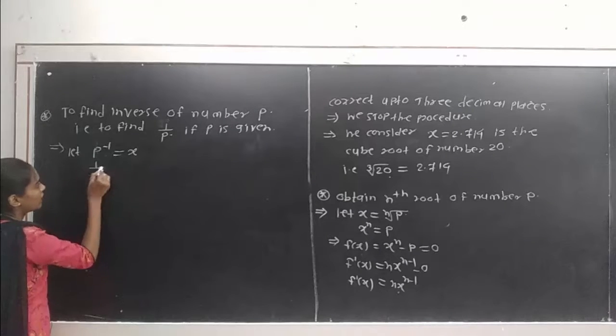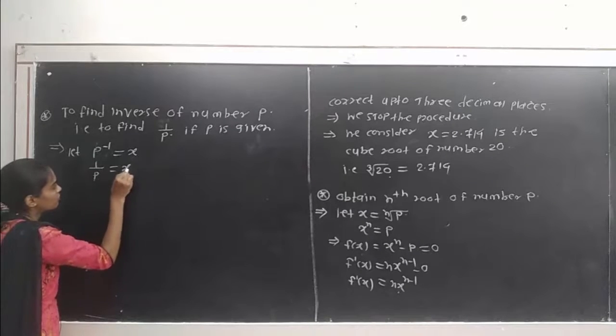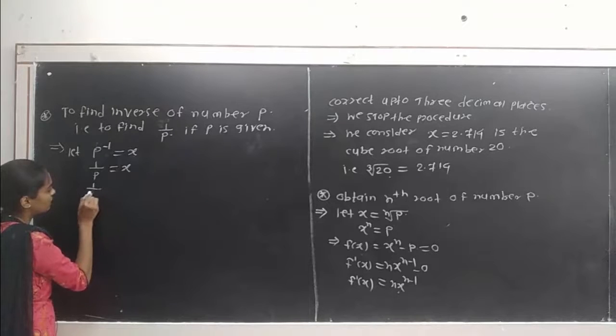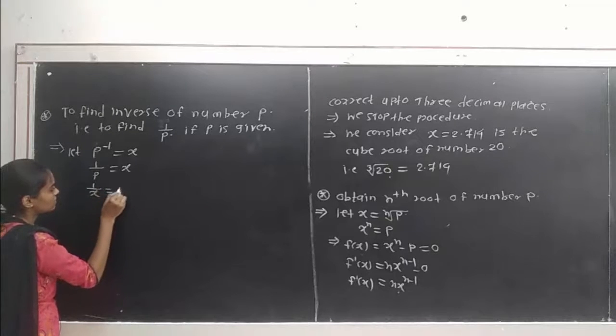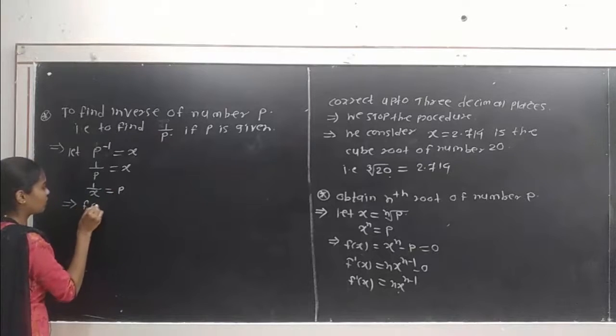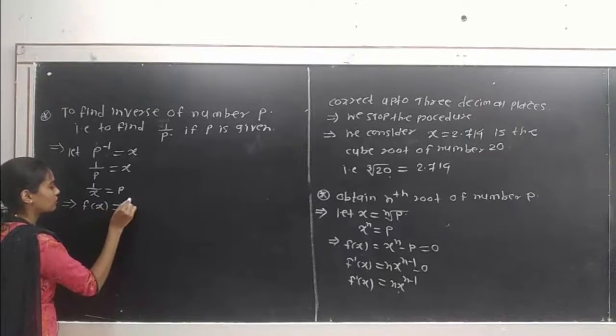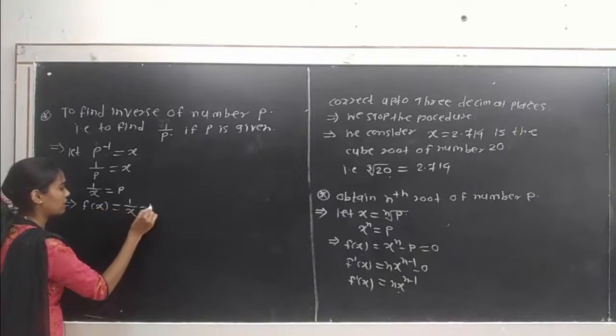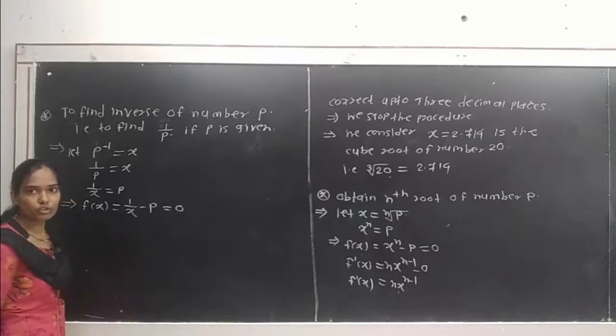So we can write it as 1 by p is equal to x. That is, we can write it as 1 by x is equal to p, and we write the function, we get f of x is equal to 1 by x minus p is equal to 0.